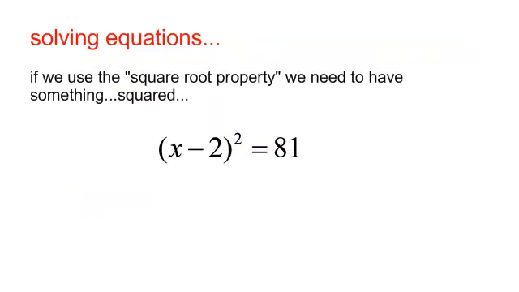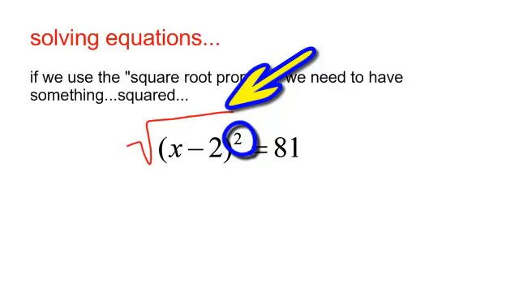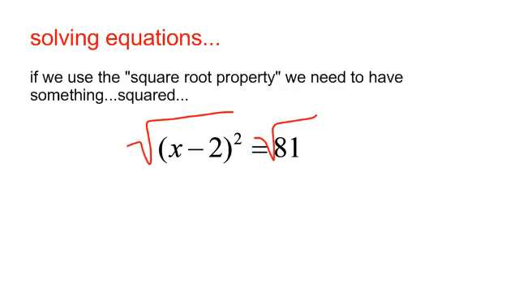Look at this equation. Oh, they were so sweet. They already have this binomial squared all by itself. It would be very simple for me to use the square root property because remember, a square and something squared cancel each other out. But if you take the square root of the left, make sure you take the square root of the right. And like I just said, the square root and the square cancel each other out. I will have only x minus 2 on the left.